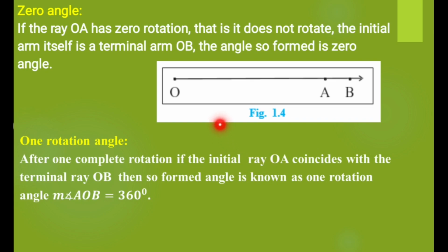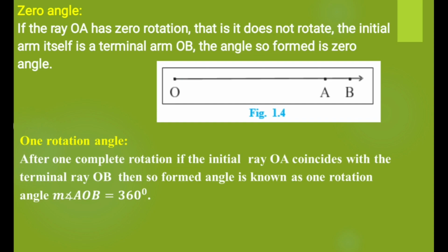That means here, though we see OA and OB lie on the same ray, when we complete one rotation of this ray OA and it comes to this terminal ray OB, then one rotation is complete and when we measure the angle, we get 360 degrees.